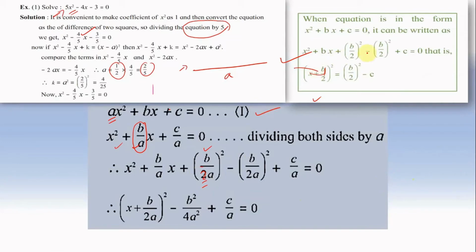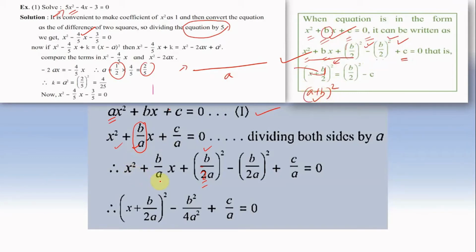For your information, just go to the format given at that time, where x square plus bx plus c equal to 0 can be written as x square plus bx, nothing changed, plus b upon 2 whole square minus b upon 2 whole square. We added b upon 2 whole square and subtracted the same, and the plus c we wrote again. We converted the equation into this format in order to write it in the a plus b whole square format. That is the square method.